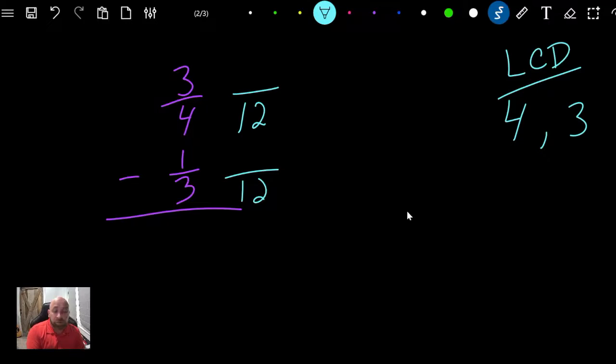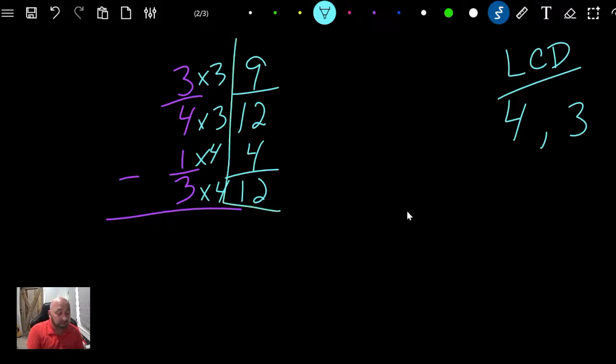And now we're going to multiply again. 4 times what gives me 12? 4 times 3. 3 times 3 gives me 9. 9 over 12. 3 times what? 3 times 4. And 1 times 4 gives me 4. Now that we have our new fractions right here, now I can subtract. 9 minus 4 equals 5 over 12.